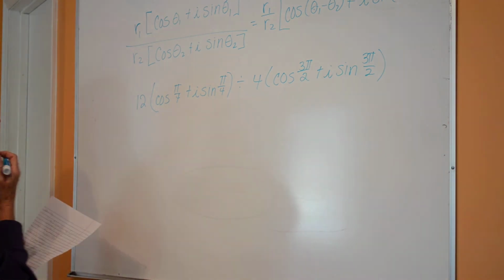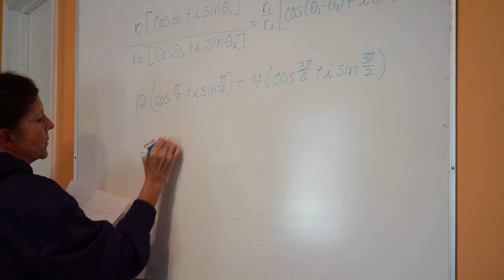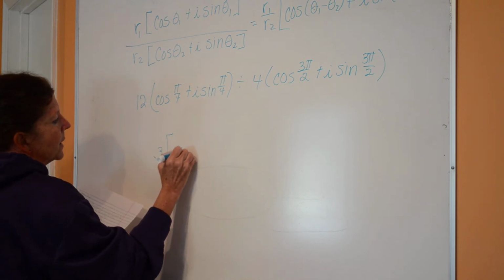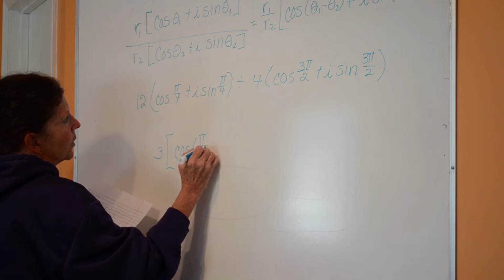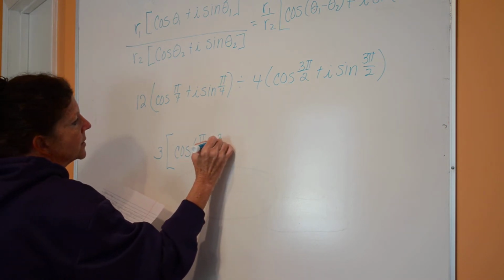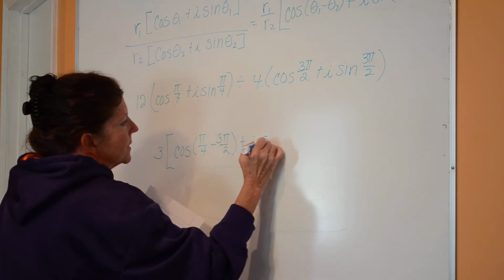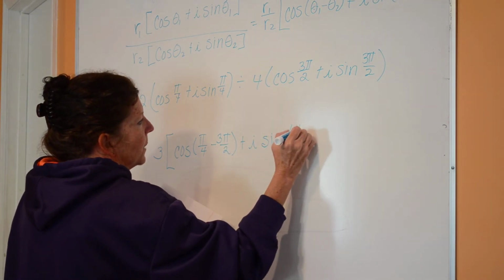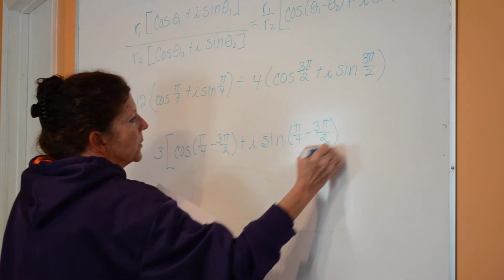All right, so I'm going to divide my r's. So I have 12 divided by 4, so that's 3. And that is multiplied by the cosine of pi over 4 minus 3 pi over 2 plus i times the sine of pi over 4 minus 3 pi over 2.